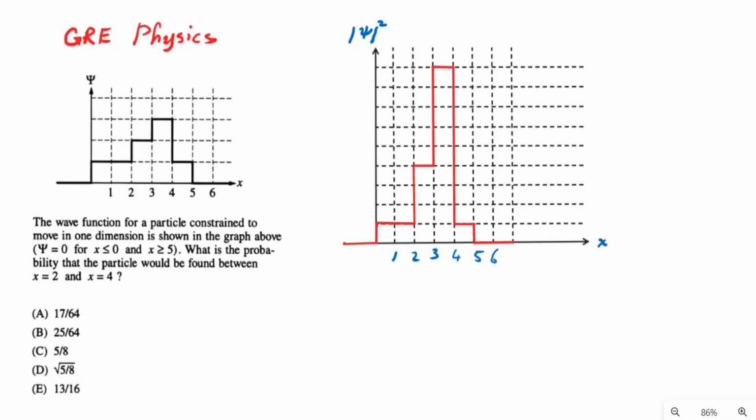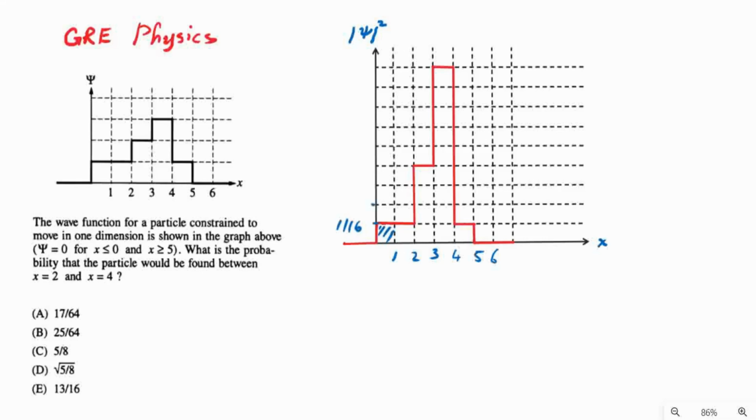By requiring each small square to have an area of 1 by 16, we actually have normalized the wave function. And now we should choose on the y-axis, or on the psi squared axis, each unit to be 1 by 16. That will make the area of each small square 1 by 16.